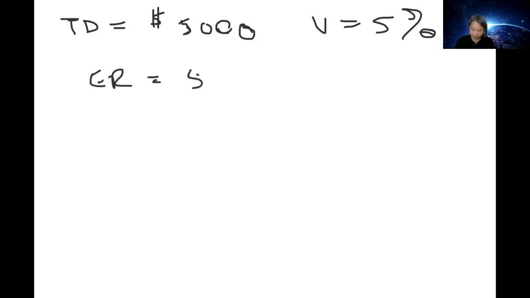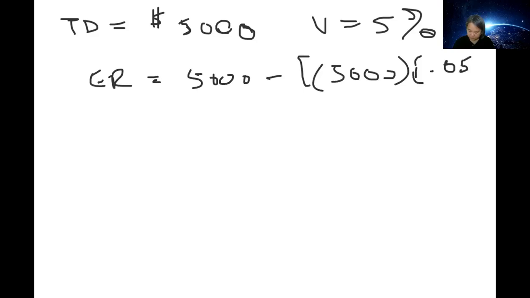We go 5,000 minus 5,000 times 0.05. That means we can lend out $4,750. That is our excess reserve.